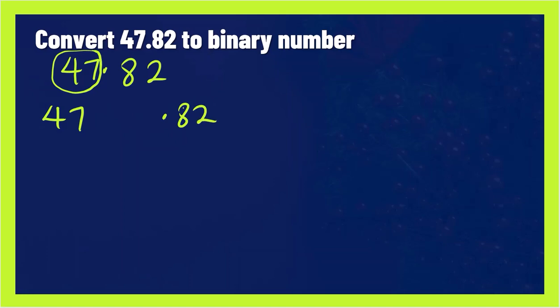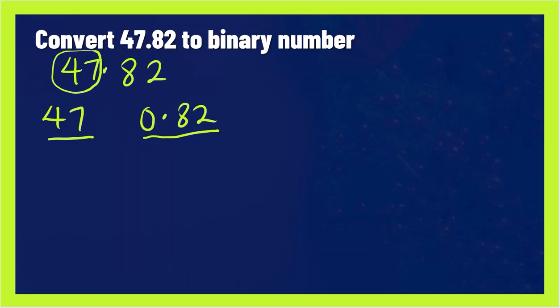Okay, so now we just fill in 0 here to make it 0.82. So 0.82 is the same thing as 0.82. Okay, great. So what we do next is first we convert the 47 to binary, and when we are done with that, we now convert 0.82 also to binary.